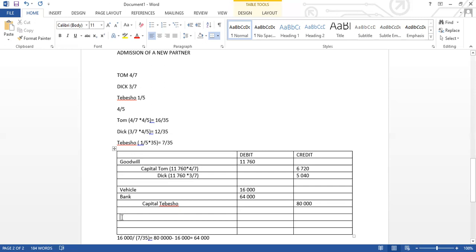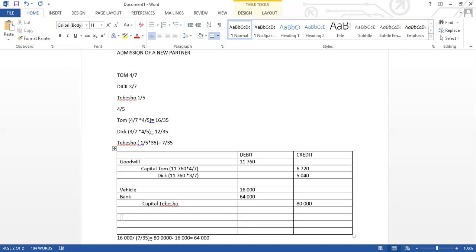Therefore, it will need to be shared among the old partnership or the new partnership. Do we share it among the old or the new partnership, and why? The new partnership, for the admission of Tebesho?